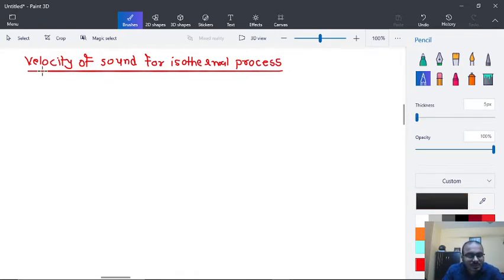So for isothermal process we have P divided by rho is equal to constant, that is P rho inverse 1 is equal to constant.